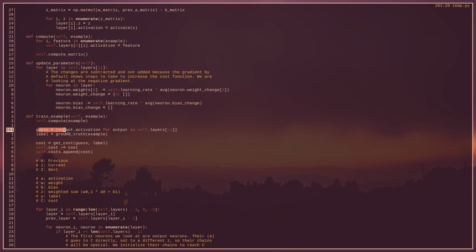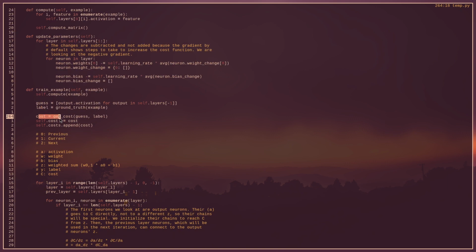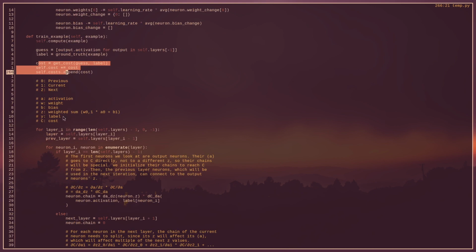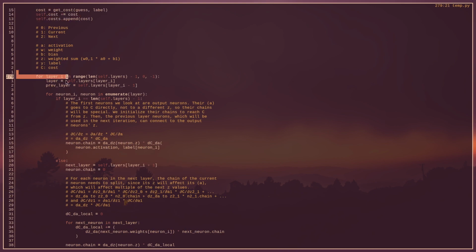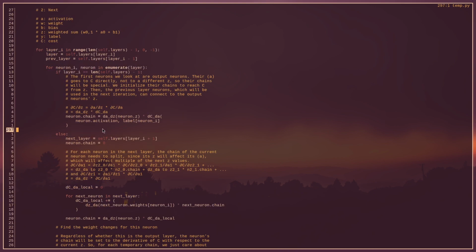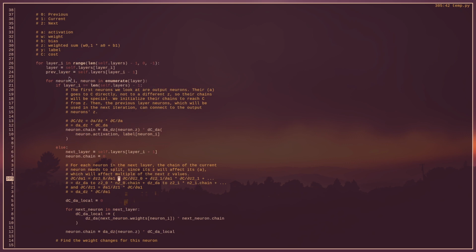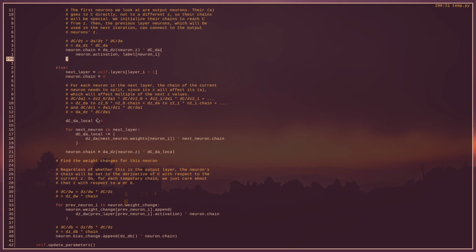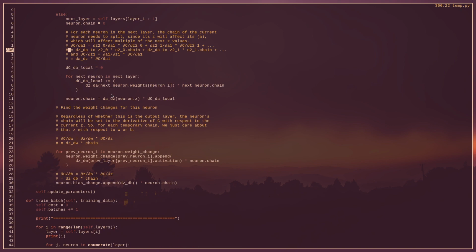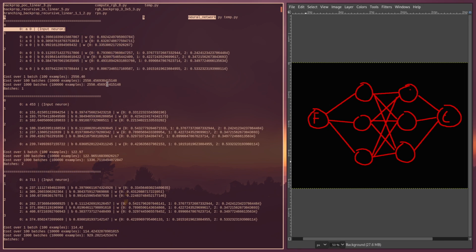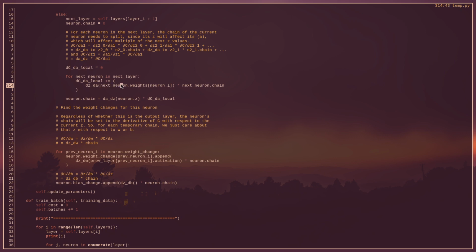Then it gets the guess that the network made, it gets the real example, and gets the cost based on that. Here it starts going through every neuron and getting partial derivatives of how the cost would change based on how you would change that weight or bias, and it records every single change that it wants to make, because it has to record multiple changes.